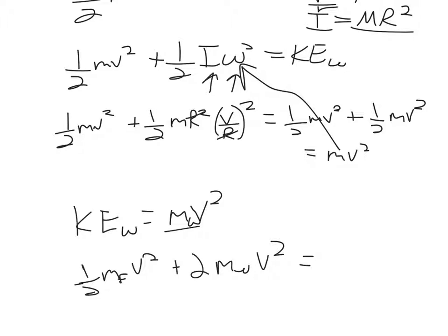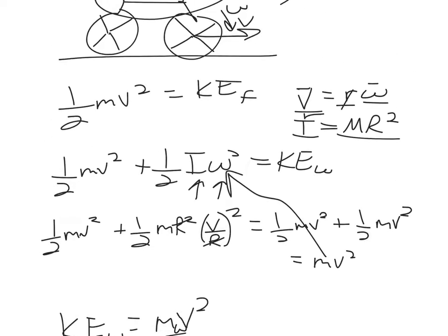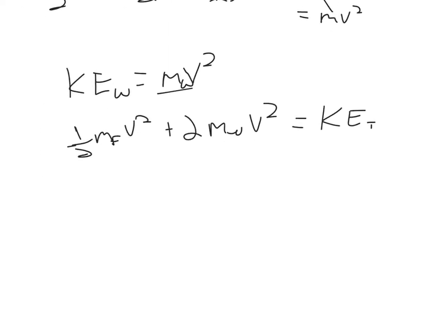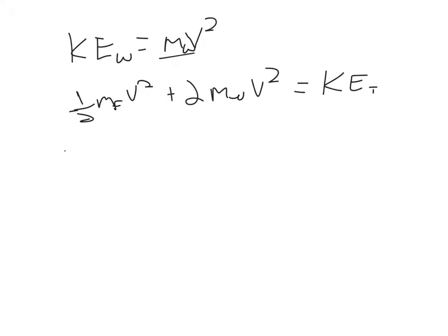Well, let's take the two different bikes. This is KE total. The first bike's measurements, and both of the bikes were going the same speed, I believe. They're both going 12. Okay. So the first bike, his frame was 10 kilos, his velocity was 12, which I'm squaring, plus the wheels were each 1 mass, so 2 times 1, and their velocity is 12.